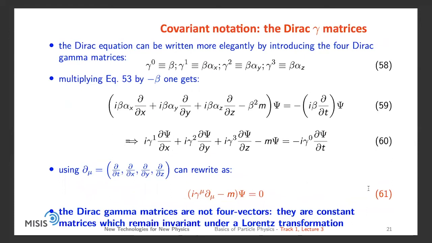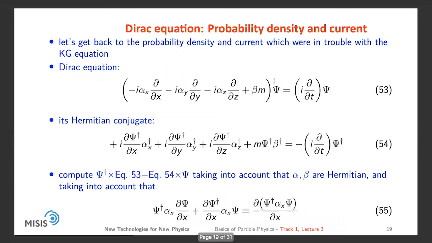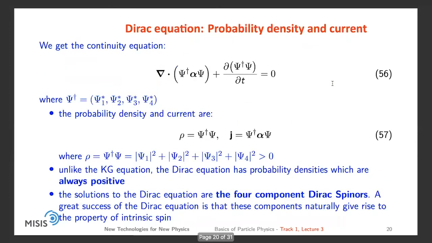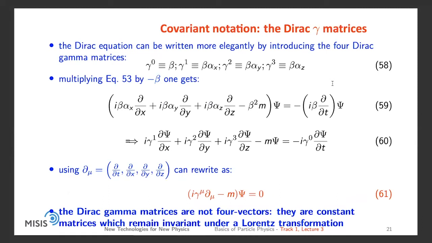The Dirac equation can be written more elegantly by introducing the four Dirac gamma matrices. So gamma 0 is defined to be the beta matrix, gamma 1 is beta times alpha x, gamma 2 is beta times alpha y, gamma 3 is beta times alpha z. If you multiply equation 53, this one, by minus beta, we get the following equation.